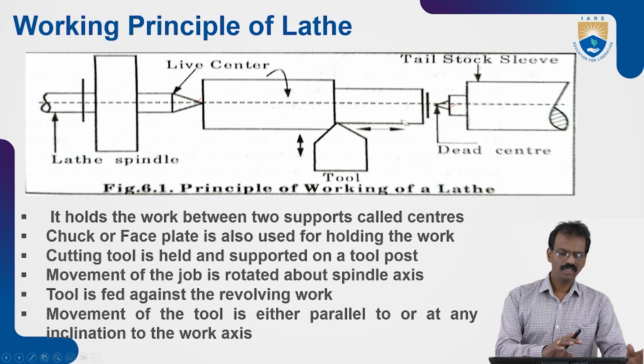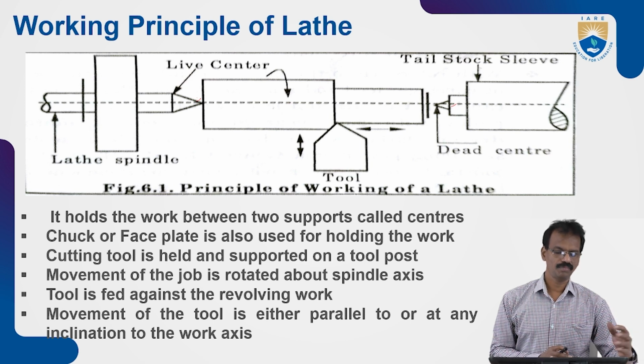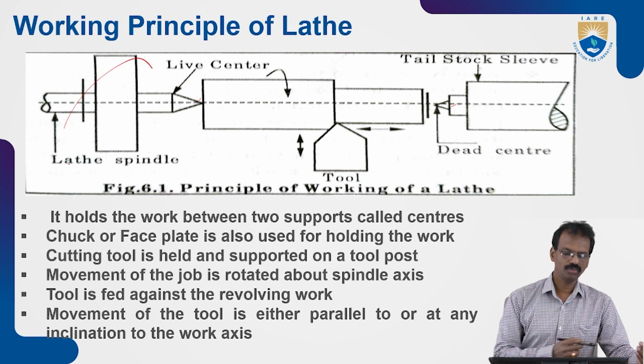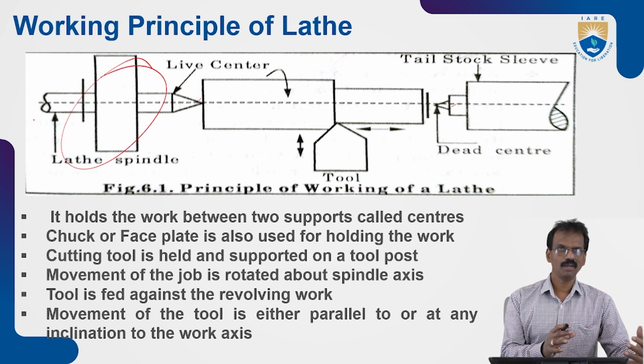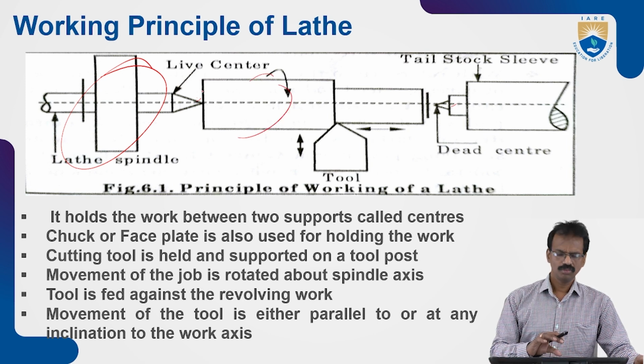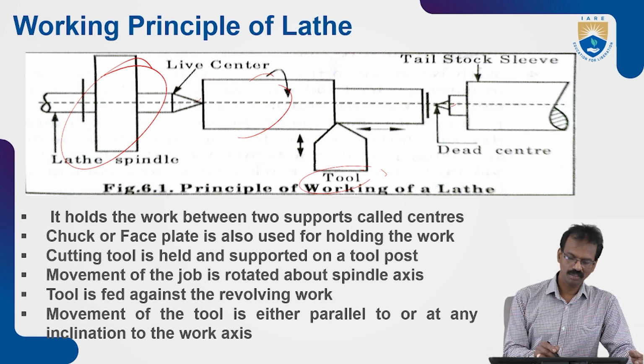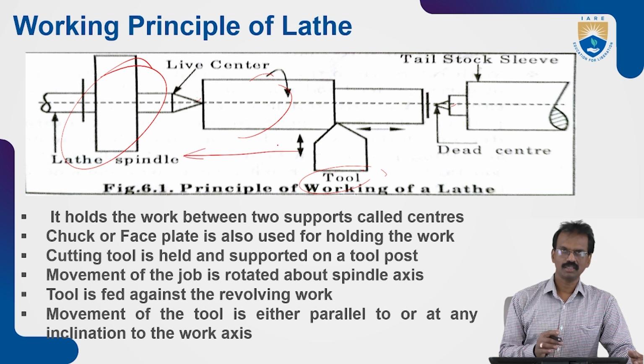The spindle will rotate with the help of a motor through the headstock. With this spindle, the workpiece will be rotated. Then the tool bit will feed or move against the workpiece with the help of the carriage, as per the required direction, either longitudinal direction or perpendicular cross movement.